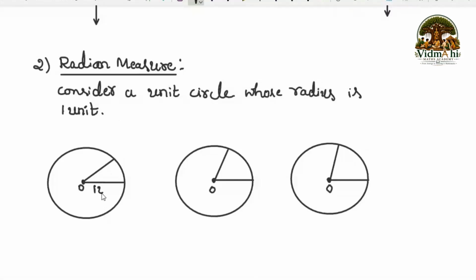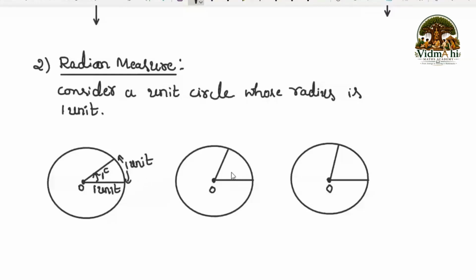So the arc length is 1 unit and the radius is 1 unit. Now the angle is 1 radian.